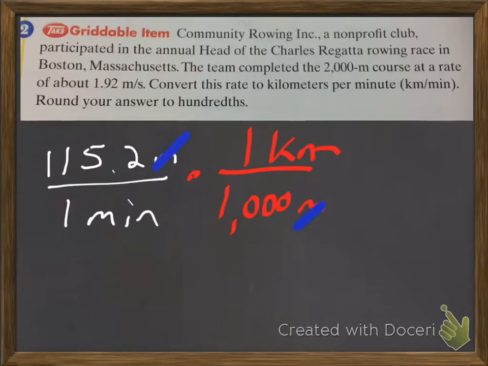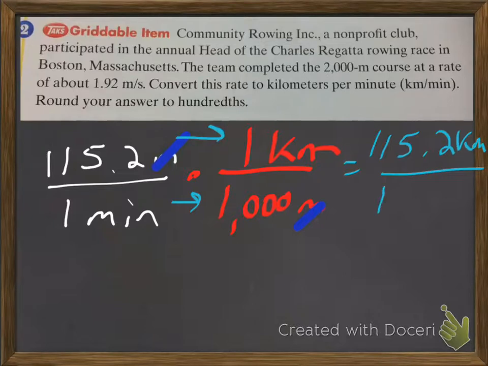Well, the meters cross out, and you end up getting, if you multiply straight across, 115.2 kilometers per 1,000 minutes.